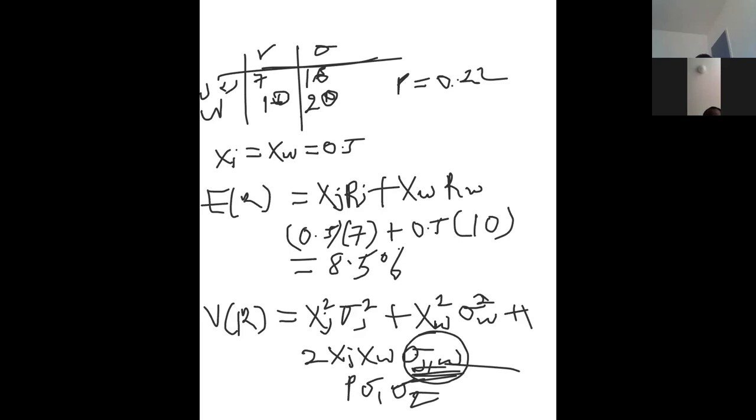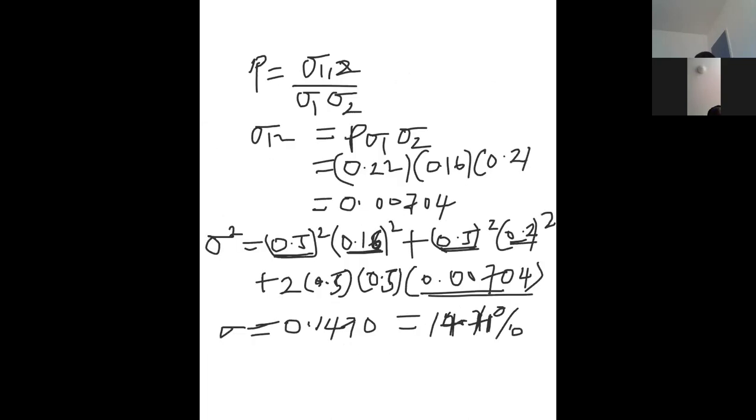And I just showed you this formula. Anastasia gave us correlation. The correlation formula is the covariance between J and W divided by the standard error of J times the standard error of W, right?